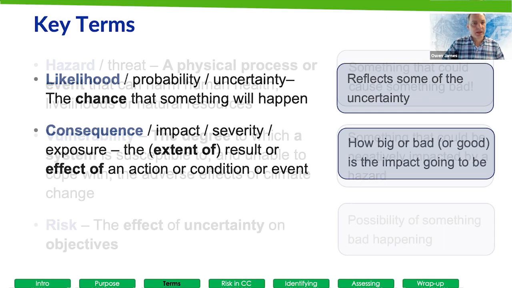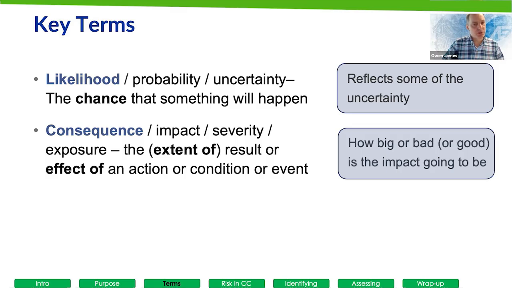Okay. So another couple of terms, and these were definitely in the poll there just a moment ago. So likelihood, probability, uncertainty. So I tend to use these words relatively interchangeably, including the term chance. So the chance that something will happen.